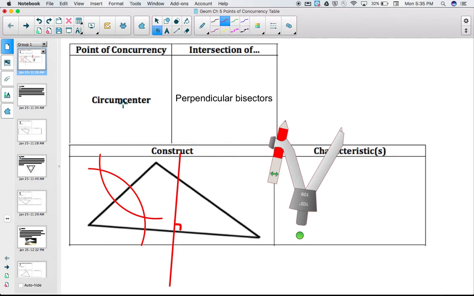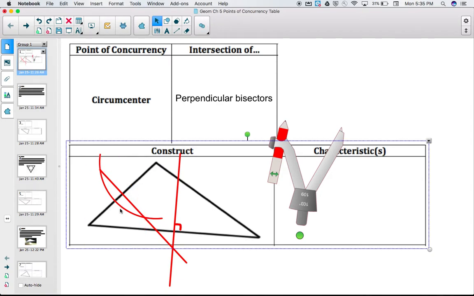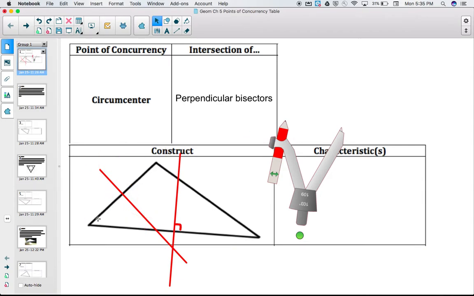All right, so if we draw a segment through this point here where they intersect, straight through, again, that segment does two things. It is perpendicular to this side, and it cuts it into two congruent pieces. All right, one more to go here.